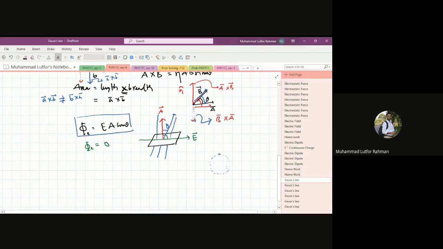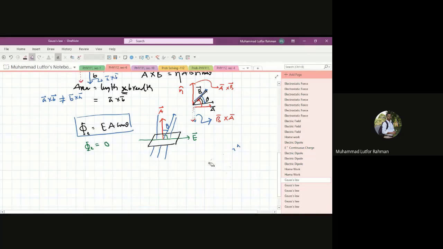This area would be over here, in that direction, because it is perpendicular at that point. If you consider over there, it would be towards that direction. If you add them together, you will find the total area of the spherical shell, right? So the area is always perpendicular to that surface. Remember this. This is a very important point for Gauss's law.